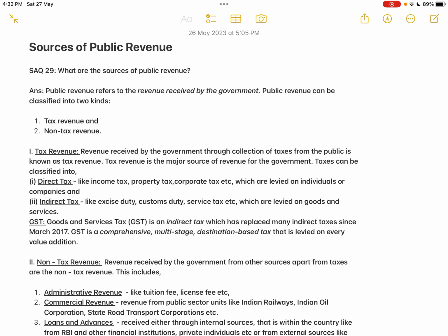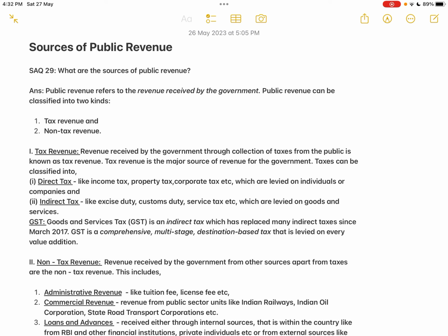So the government is imposing the tax on person A who is receiving income beyond a certain limit, and this person A is responsible to pay the tax to the government, or the government is imposing tax on a particular company, that is called the corporation tax. So this particular company B is responsible to pay the tax to the government.